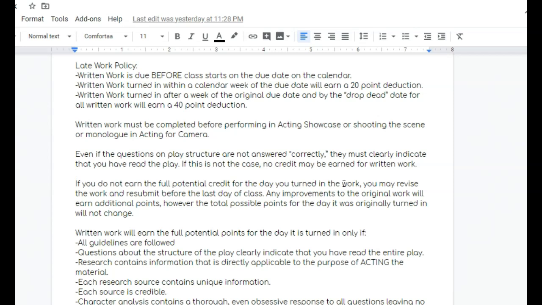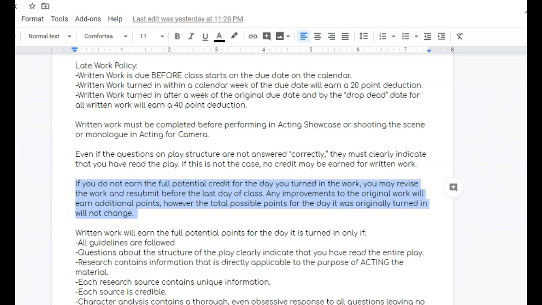Sorry, can I reinforce that a little bit? You've got to read the play thoroughly. If you don't earn full possible credit on the day that it's due, this is referring to the late policy, then you can redo it. However, the maximum points will only be the maximum points it would have been for that day.